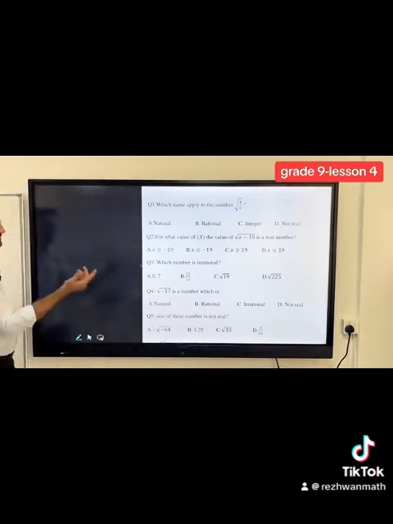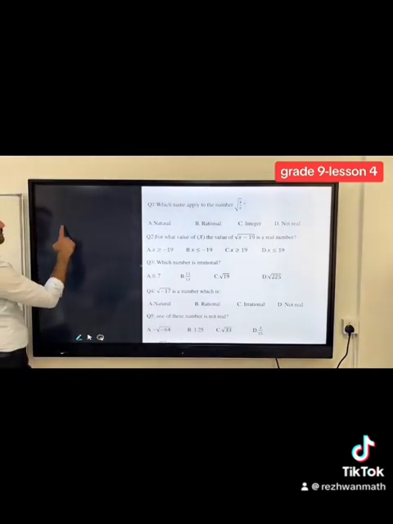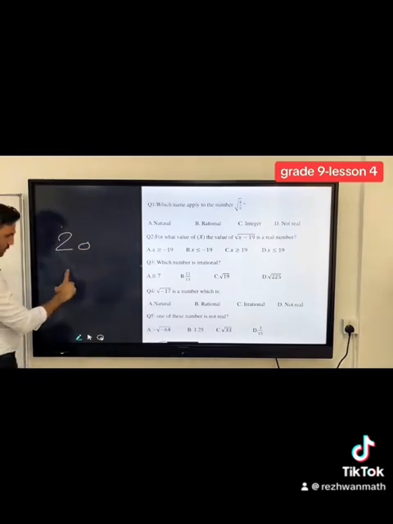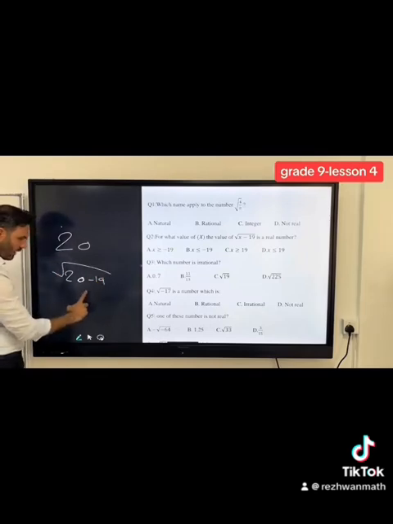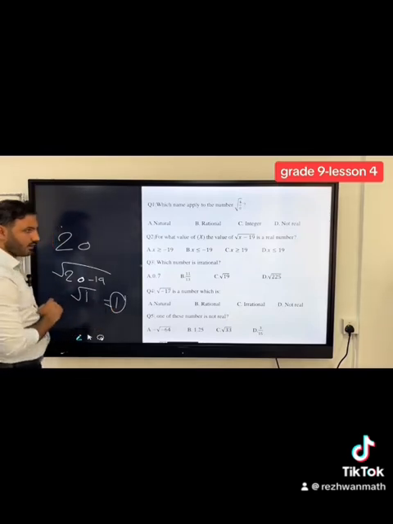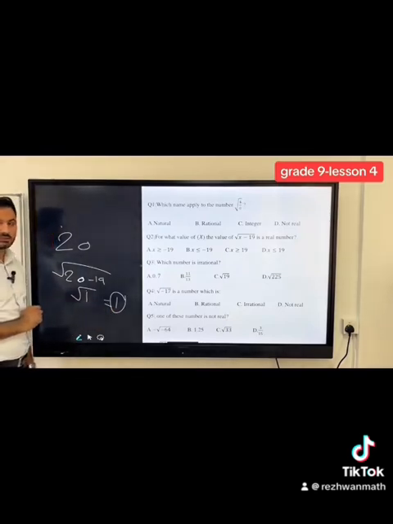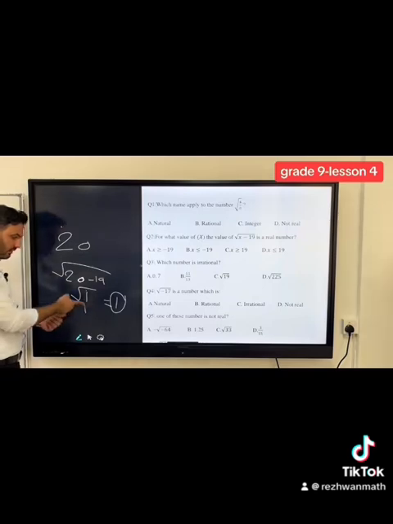For example, if we test 20, 20 minus 19 gives 1, and the square root of 1 is 1.